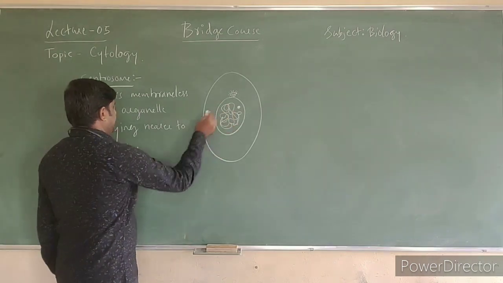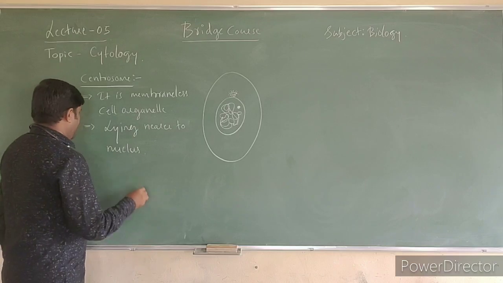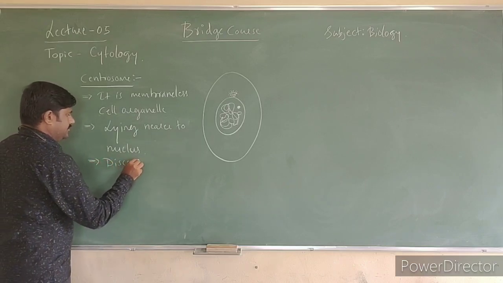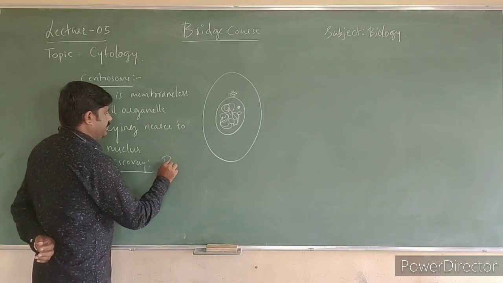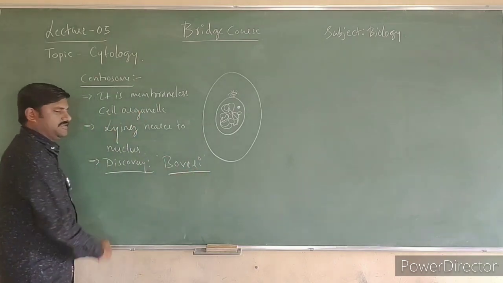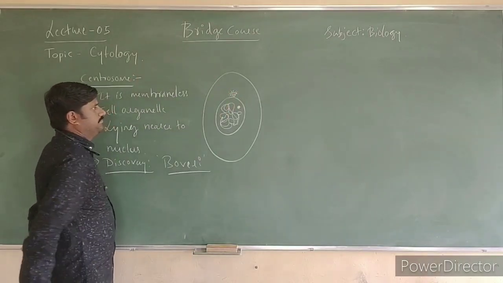Right? So it is lying very nearer to nucleus, and this was first discovered by Boveri. Is the name of the scientist, the one who discovered this centrosome for the first time.